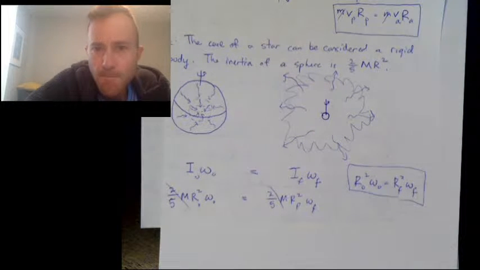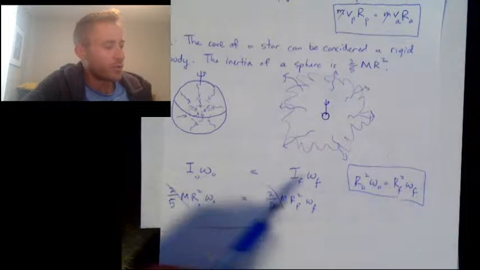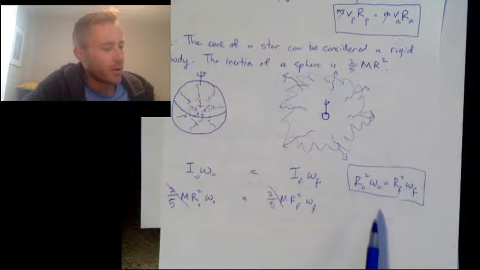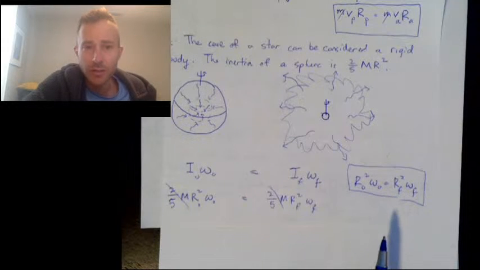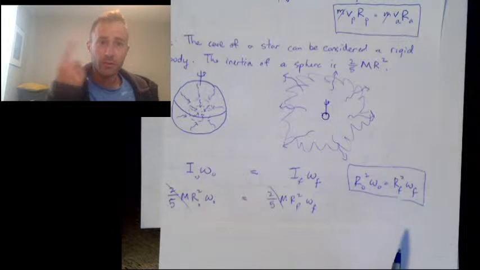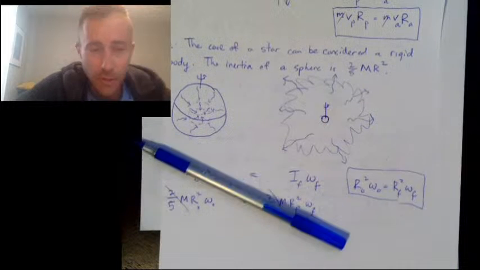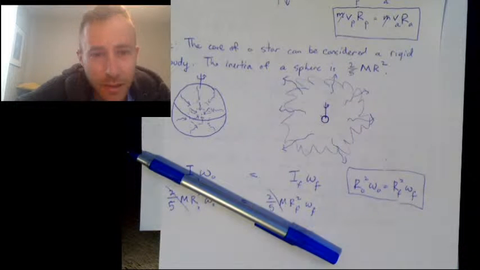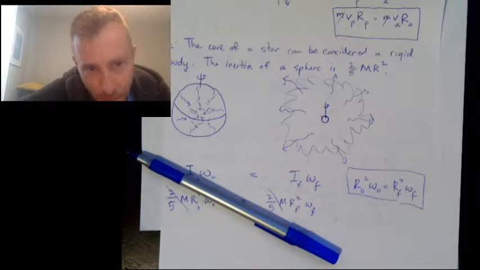All right. So this is really interesting, to me at least. So basically it explains why neutron stars are spinning really fast, because neutron stars are observed to be spinning incredibly fast, and it's because of conservation of angular momentum.